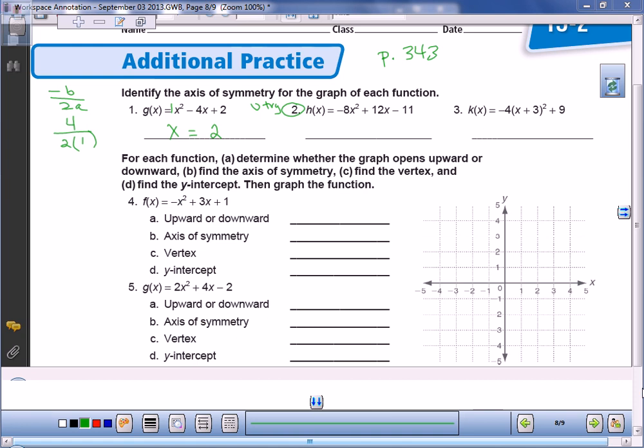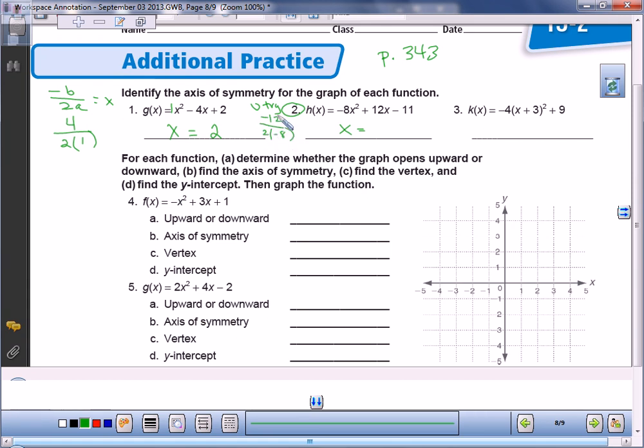Negative 12 over 16. What is that? 3/4. That's right. Okay, so we did negative 12 over 2 times negative 8. So we get negative 12 over 16, which simplifies to 3/4.